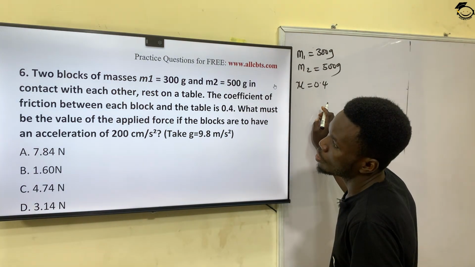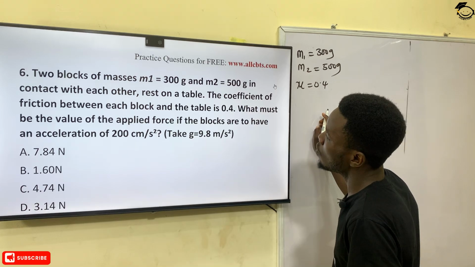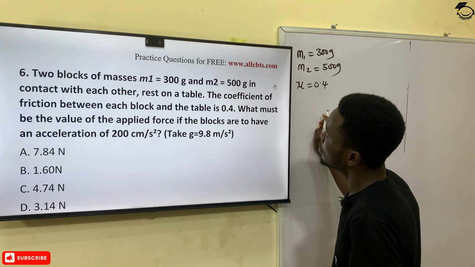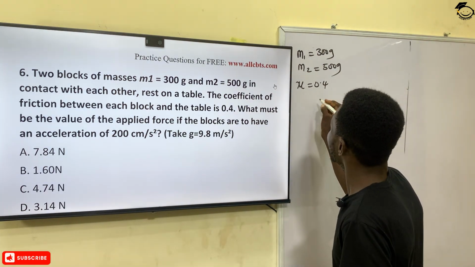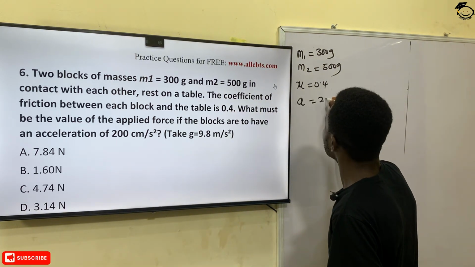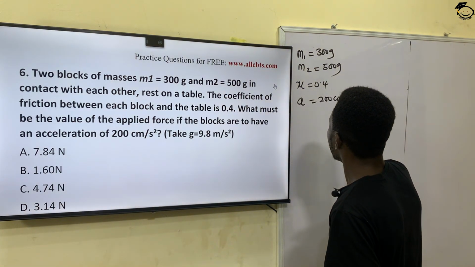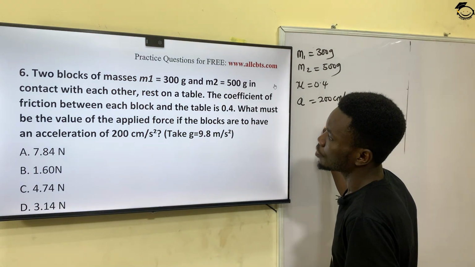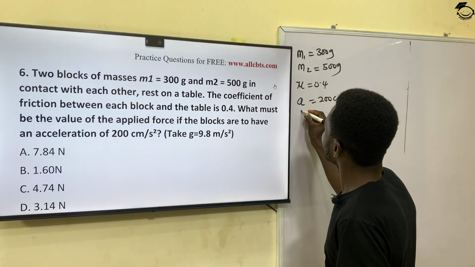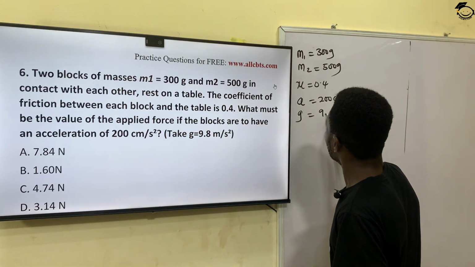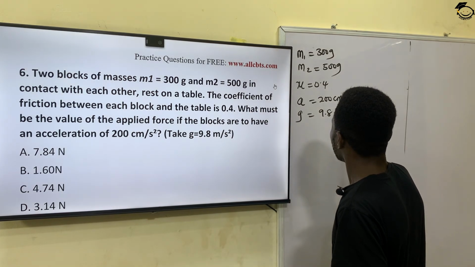What must be the value of the applied force if the blocks are to have an acceleration, we have our acceleration as 200 centimeter per second square. And they gave us g in the question as 9.8 meter per second square.